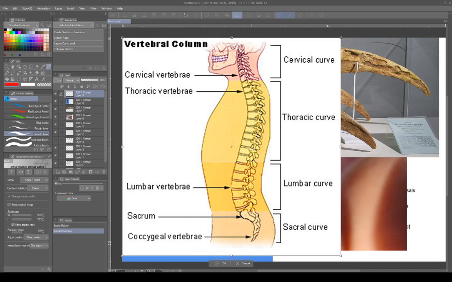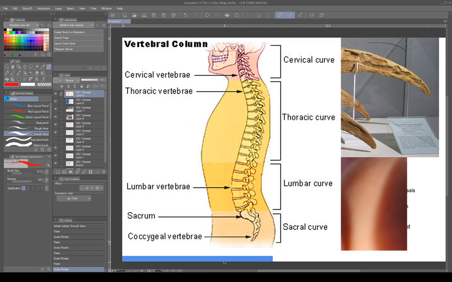So it looks like a lot, but they have very interesting structures, and I suggest you go and research those on your own time. Even just being able to see a single vertebra, a single spine bone, can be interesting.